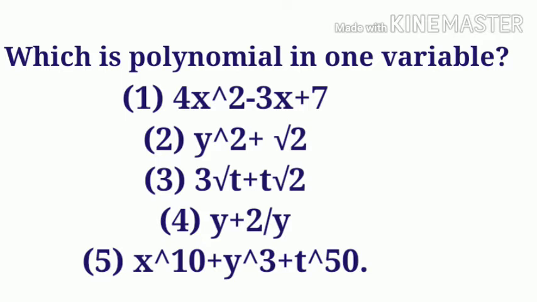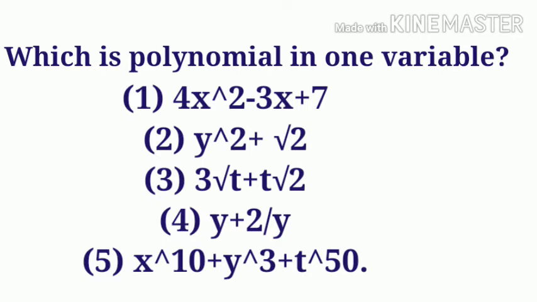So this is a polynomial in one variable because the only variable present here is x. In the second example, y square plus root 2, the variable is only y and the power is 2, which is a non-negative integer. So this is also an example of a polynomial in one variable.